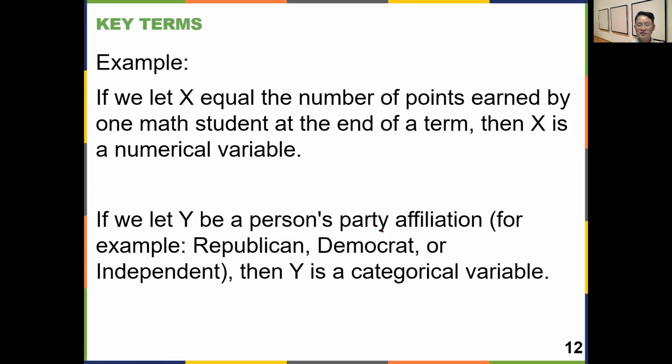Now, a person's political party affiliation, Republican or Democratic, or possibly independent, all those things are going to be categorical, of course, right? Republican, Democrat, that's not a number. It's a non-number type of variable. So a person's political affiliation is going to be a categorical type of variable. Okay.